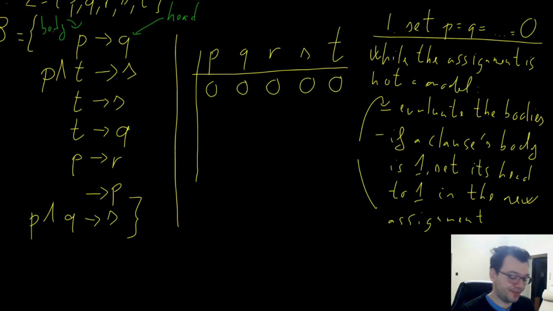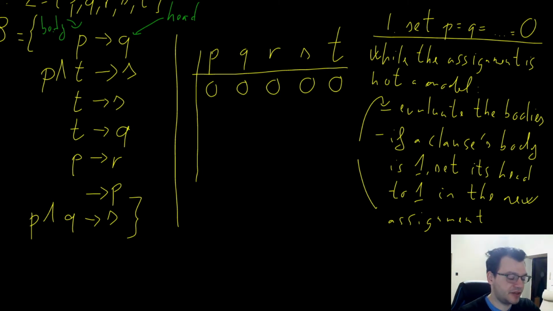And now I am recomputing all the bodies. Now everything is 0, and we are just making conjunctions. 0 and 0 is still 0, false and false is false.